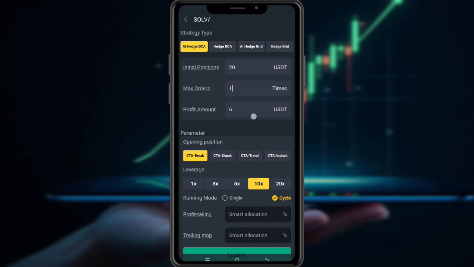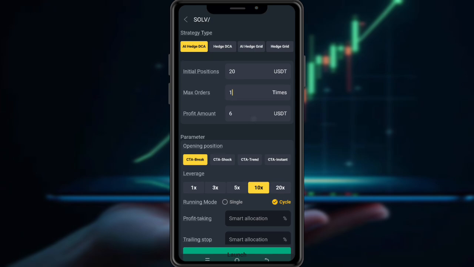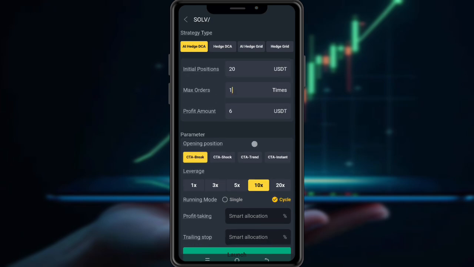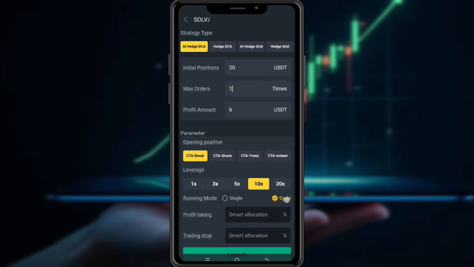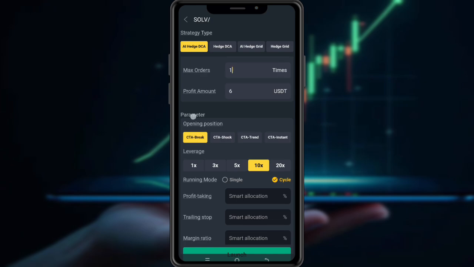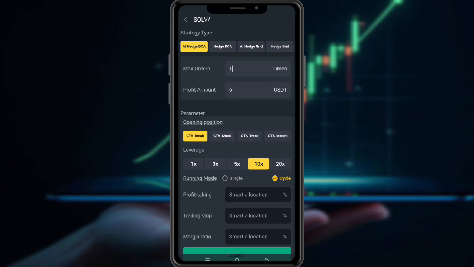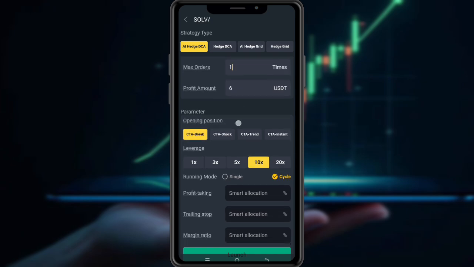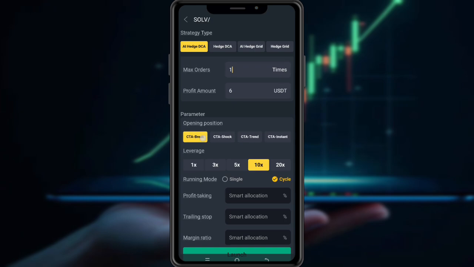This one means when this coin makes for you $6 in profit, it is going to reset to start for you this coin afresh and buys again, and it keeps doing it like that as long as you've set it in cycle. Then from down here, operation parameters or opening positions there, all we need is only to choose which position do we want to use.